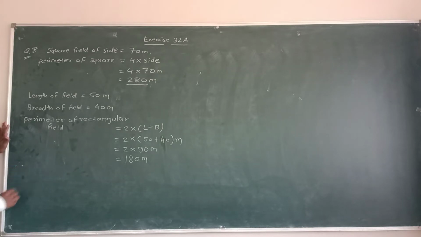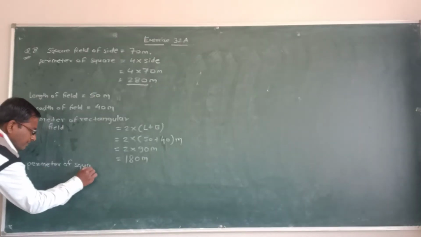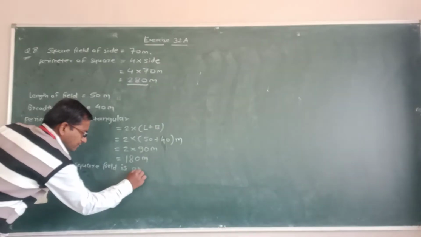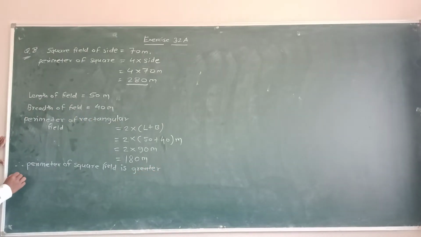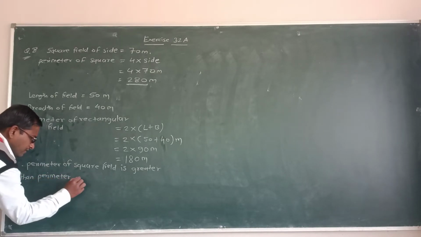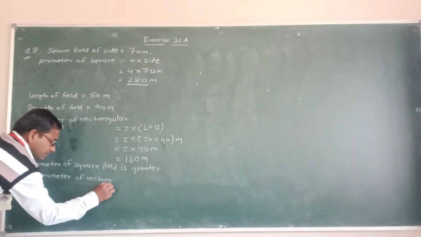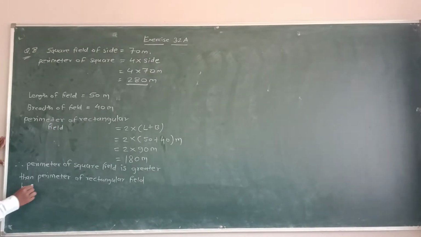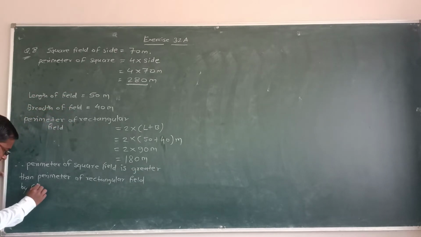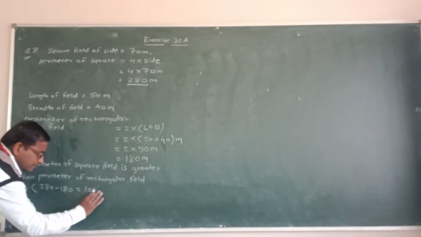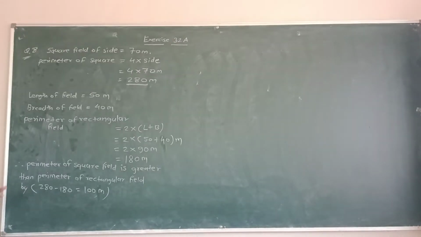Therefore, the perimeter of the square field is greater than the perimeter of the rectangular field by 280 minus 180 is equal to 100 meter. This is the answer.